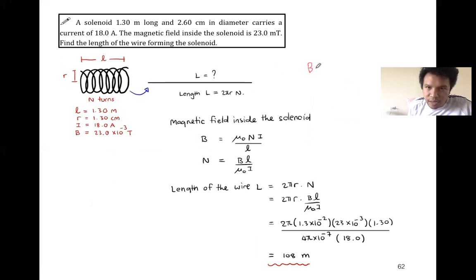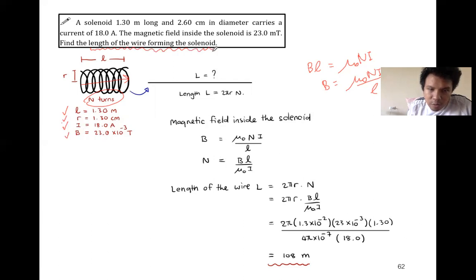So for the solenoid, Ampere's law can be written in this form: the magnetic field times the length of the solenoid, because we have the magnetic field only inside, and on this side it becomes mu N I, because there are N turns of the solenoid, times I. Then we have the magnetic field of mu 0 N I over L. With L given, with the radius given, we might not be using the radius, I'm not sure, and with I and with B, they want us to find the length of the wire forming the solenoid.